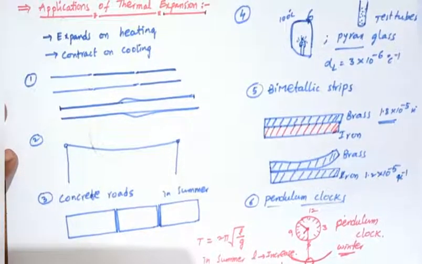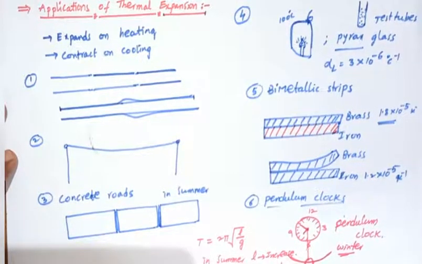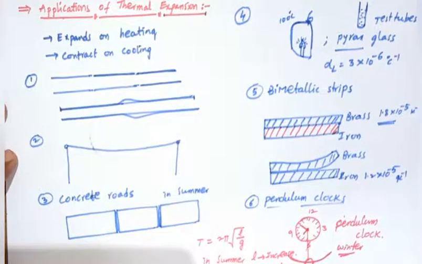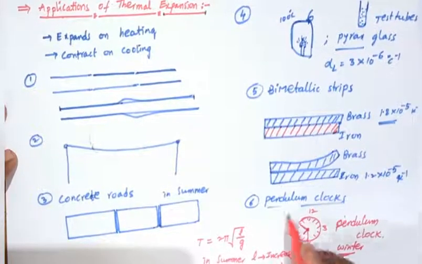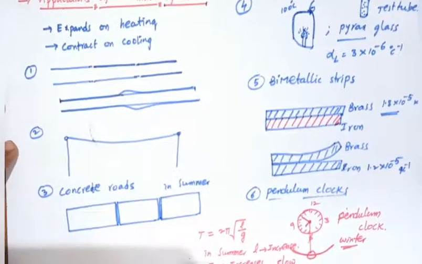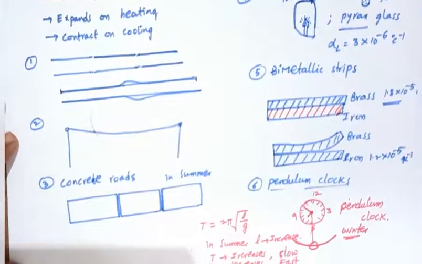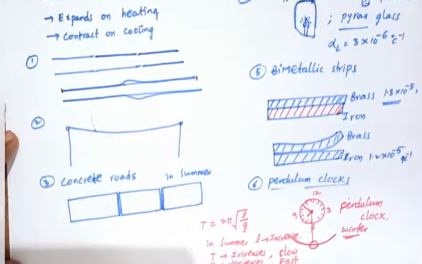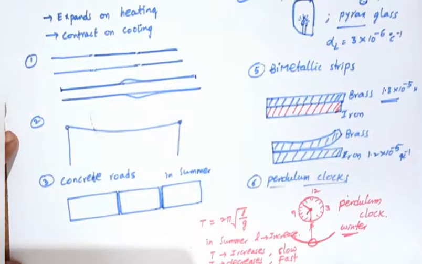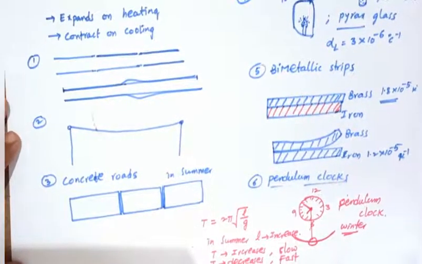The time period is directly proportional to the length, so it decreases, and the pendulum clock moves fast.